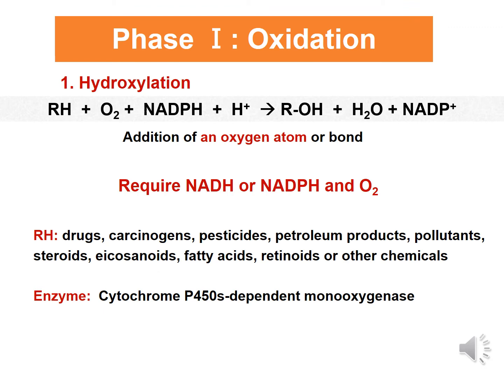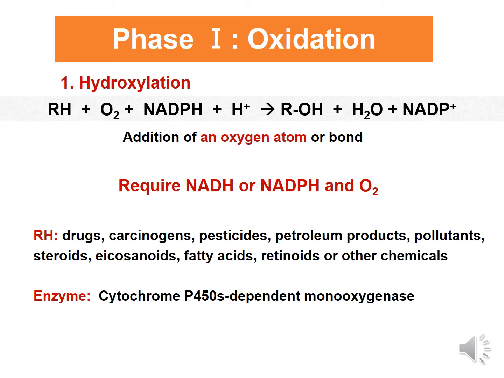Oxidation reactions of phase 1 include the hydroxylation reaction. In this reaction, one atom of oxygen is added to the substrate at one bond. This reaction requires NADH or NADPH and oxygen as well. The substrates of this reaction can be drugs, carcinogens, pesticides, petroleum products, pollutants, steroids, eicosanoids, fatty acids, retinoids, or other chemicals.